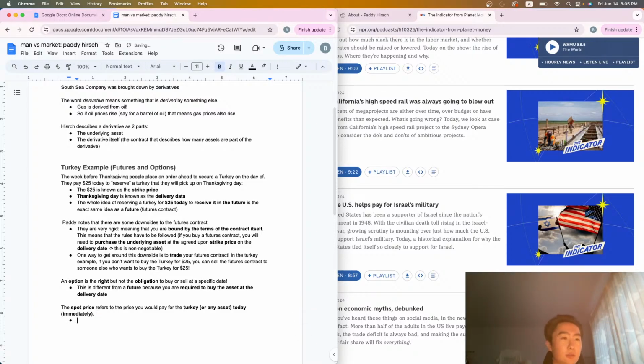So spot is really another word for current, right?